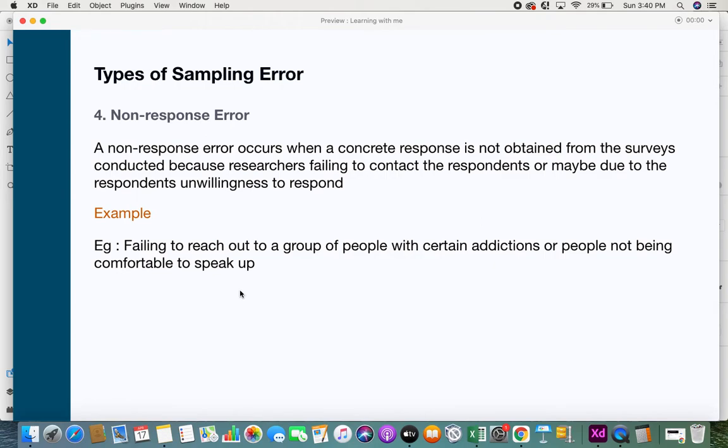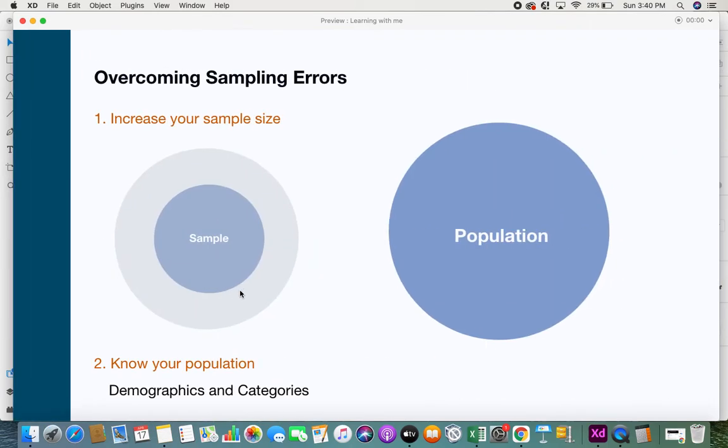So now what can we do in order to limit this error? It's very easy. The simple rule is to increase your sample size. Let's say you have your entire population. If you're able to cover your entire population and do an analysis with it, well and good, that's the best method that would give you accurate results. But because we are not able to survey every individual element of the population, we are going in for sampling.